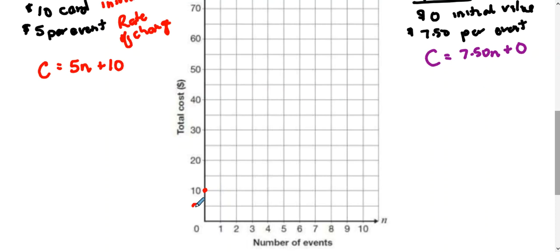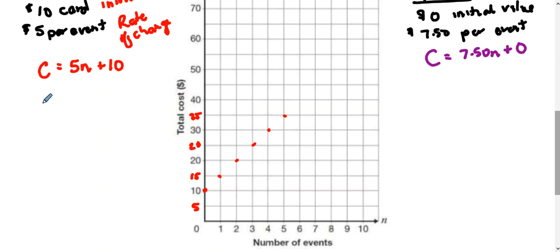In this case, my units are 5, 10, 15, 20, 25, and that one can be easy to graph. Every step is 5 units up.